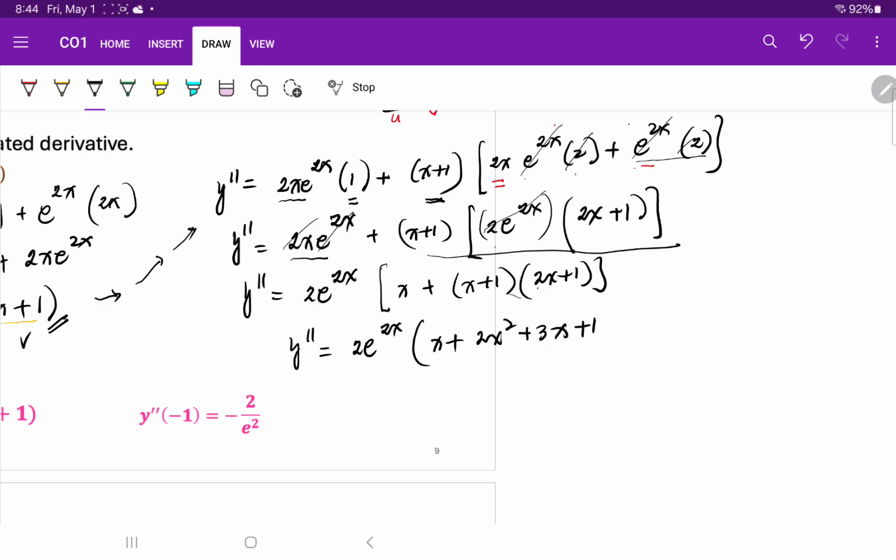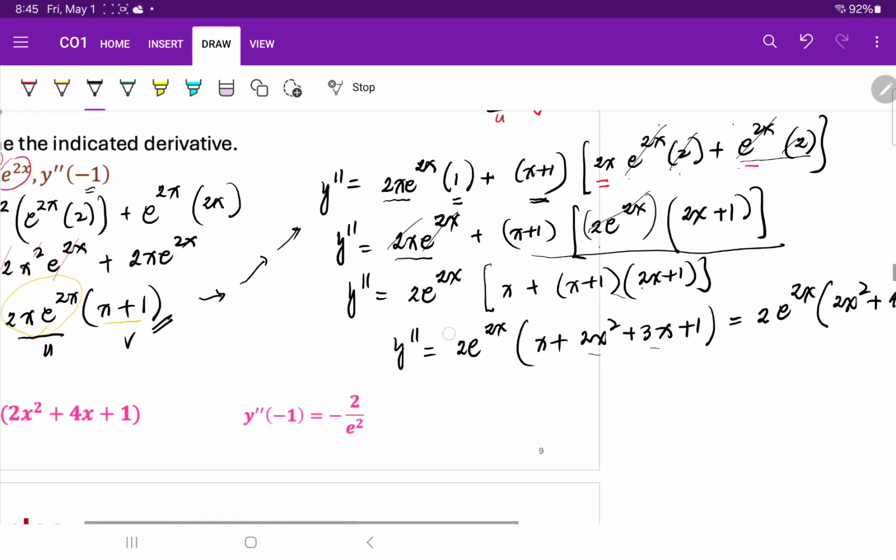Again, 2x squared, 2x, 3x plus 1. And so if you simplify further, this is 2 e to the 2x times 2x squared plus 4x plus 1. So that's your y double prime.